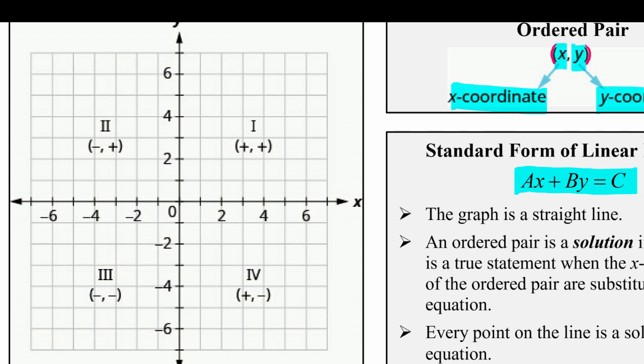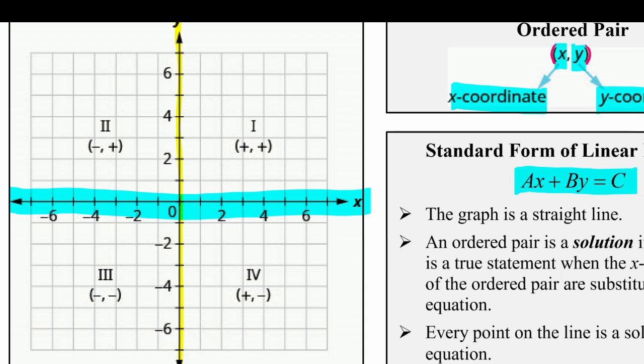The horizontal number line looks just like our number lines that we've been working with in the last chapter, and that horizontal number line is the x-axis, and that's where we will graph our input variables. And then the vertical number line is the y-axis. That's where we have our output variable.